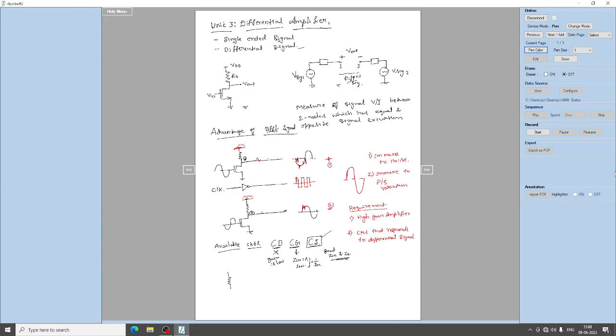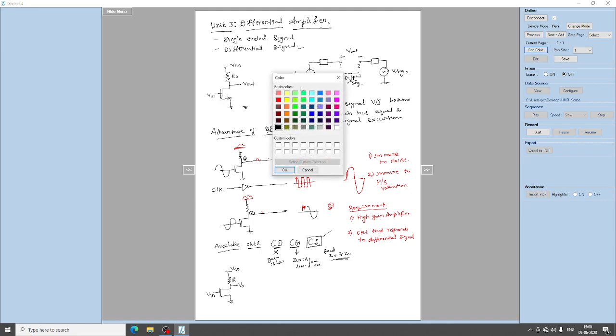So coming across, this is a common source amplifier where we are giving input to the gate terminal and the output is observed across the drain terminal, right? So this is a common source amplifier.